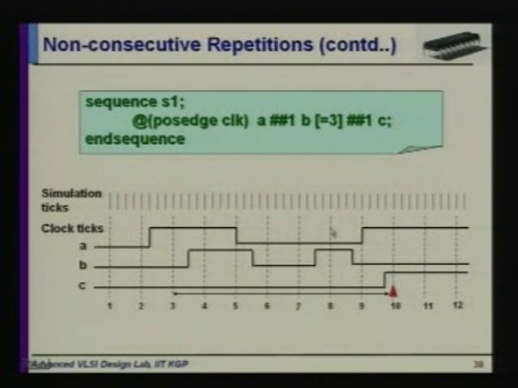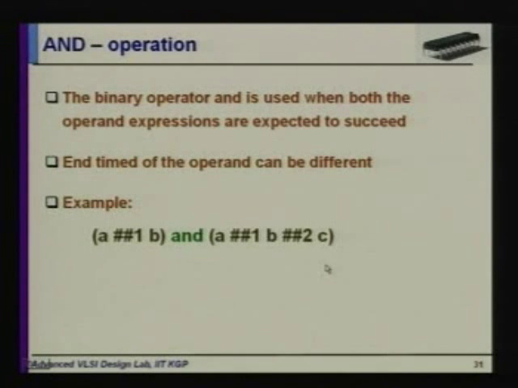If it gets 4, then it's not matched. After the last match of B, it must follow with C, not like this, not in the 9th clock cycle. If you look here in the 9th, B lowers, but when C gets up, it is true, not like that.